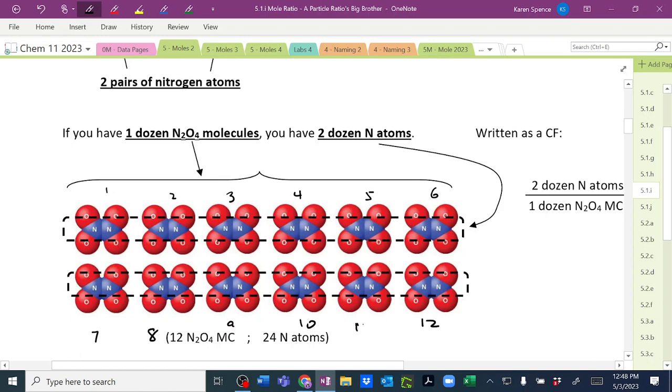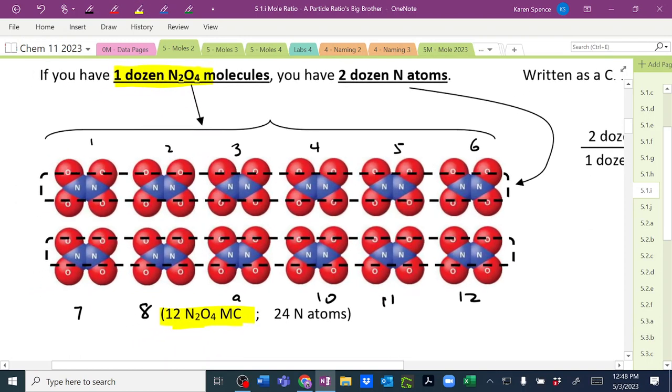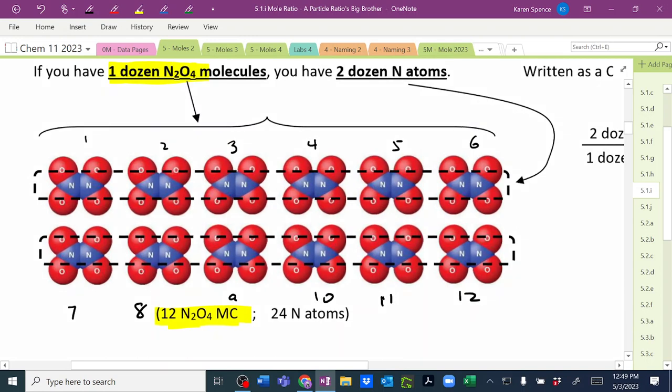So we have 1 dozen N2O4s here. Then if we count our N atoms, we have 2, 4, 6, 8, 10, 12.